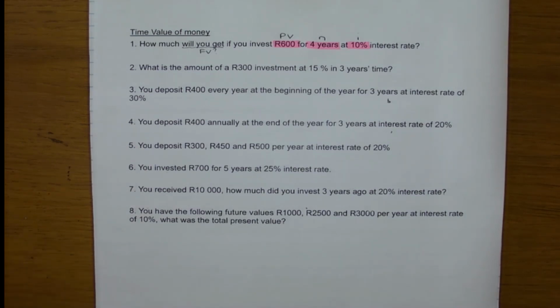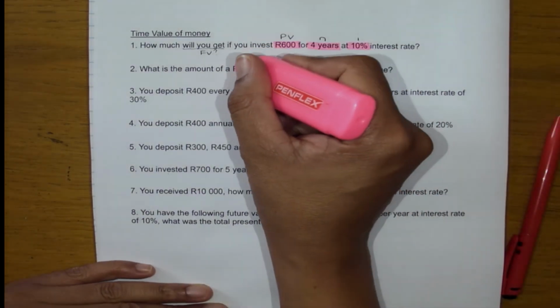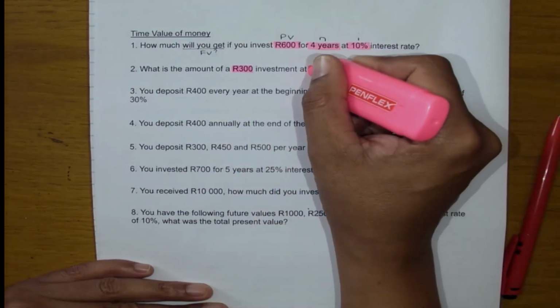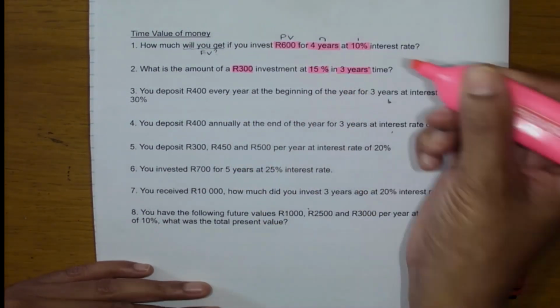Okay, let's try the other one. We're going to run through all of them. Just do it like this. Indicate what it is that they want, what it is that we need to calculate, and then we'll do the calculation. The second one says, what is the amount of a 300 investment at 15% interest in 3 years' time?